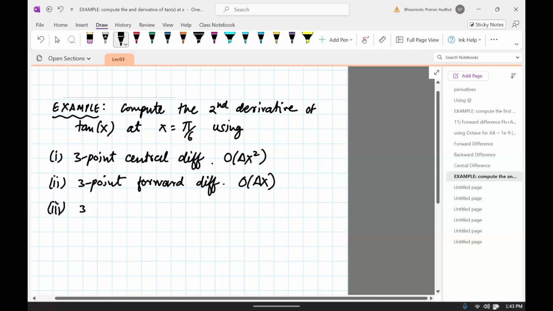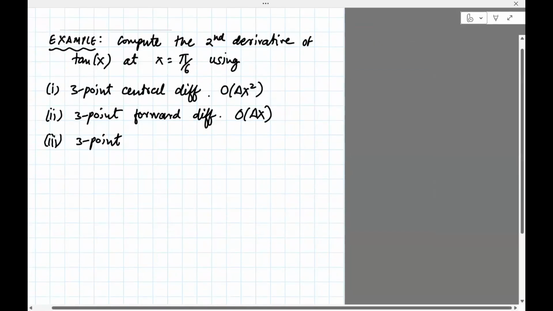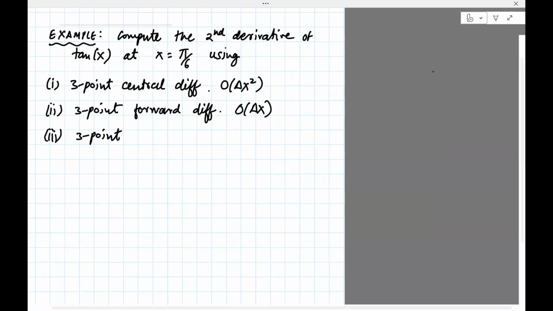Then 3-point backward difference, and use the formula for truncation error delta x.